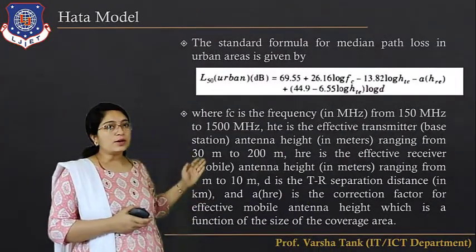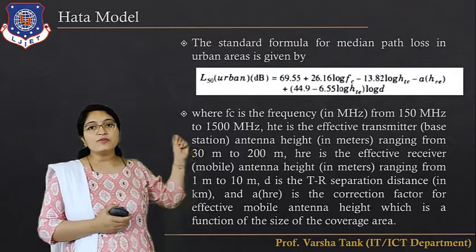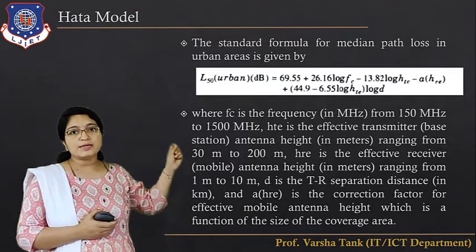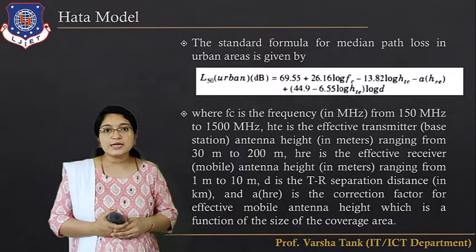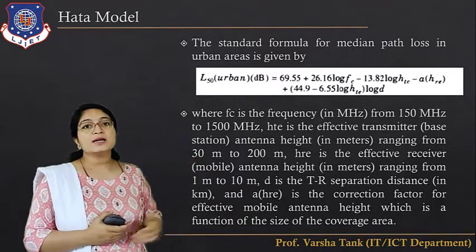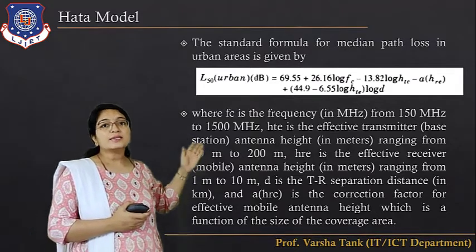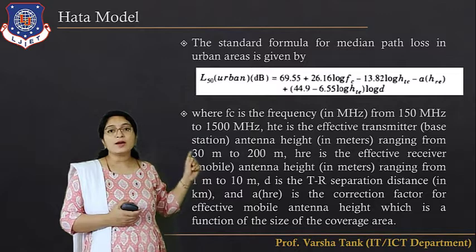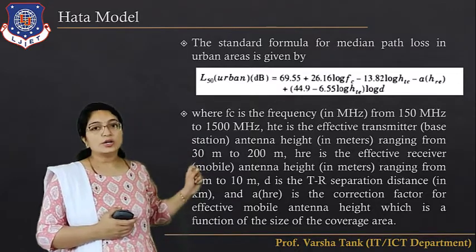So the standard formula for median path loss in the Hata model is given by L50 urban in dB equal to 69.55 plus 26.16 log fc minus 13.82 log hte minus a(hre) plus (44.9 minus 6.55 log hte) log d.